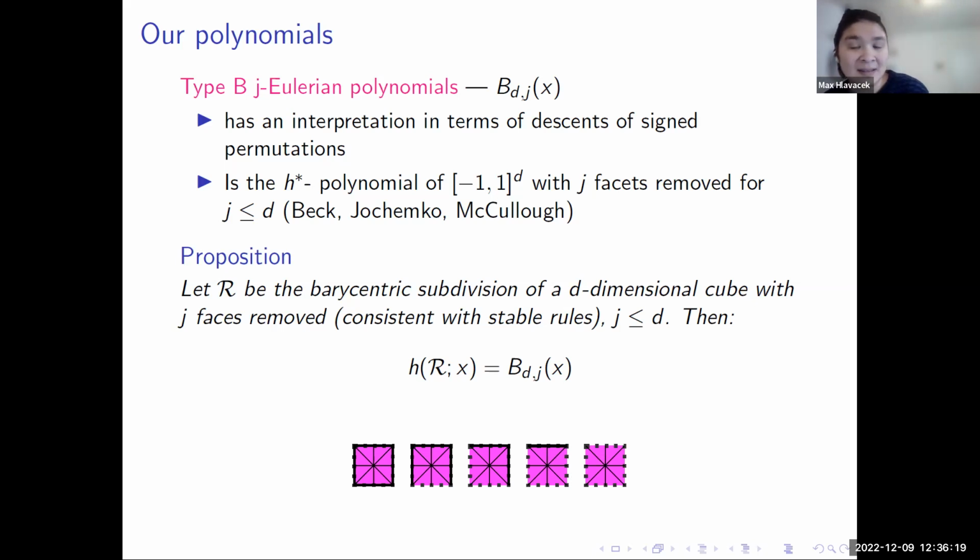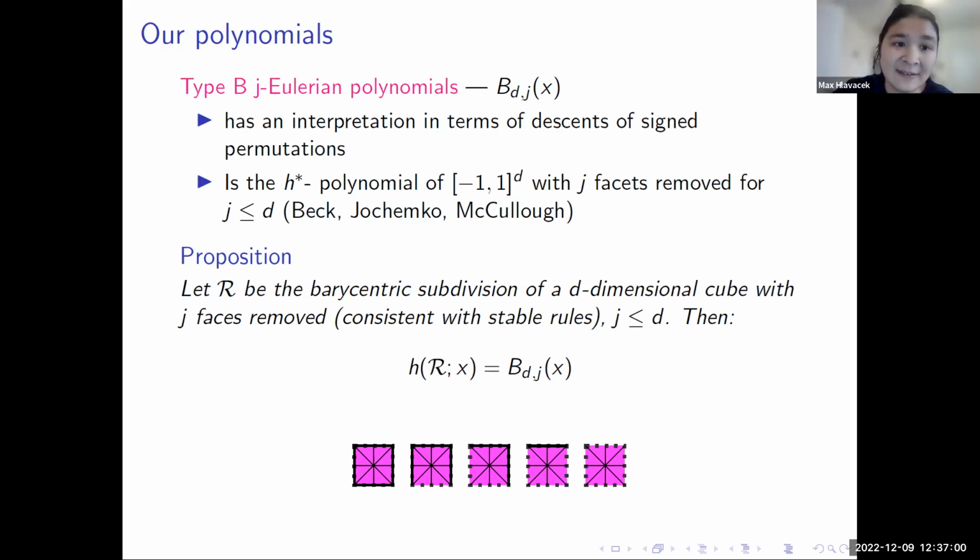This is kind of where these polynomials called type B J Eulerian polynomials come up in our work, because what we really want to do is to compute all of the polynomials of these bite-sized pieces to see if they form an interlacing sequence. So the type B J Eulerian polynomials, where do they come up in math? They do have an interpretation in terms of signed permutations. Since I am a discrete geometer, when I see a special family of polynomials, I usually think of the interpretation in terms of some polynomial coming from some specific polytope.